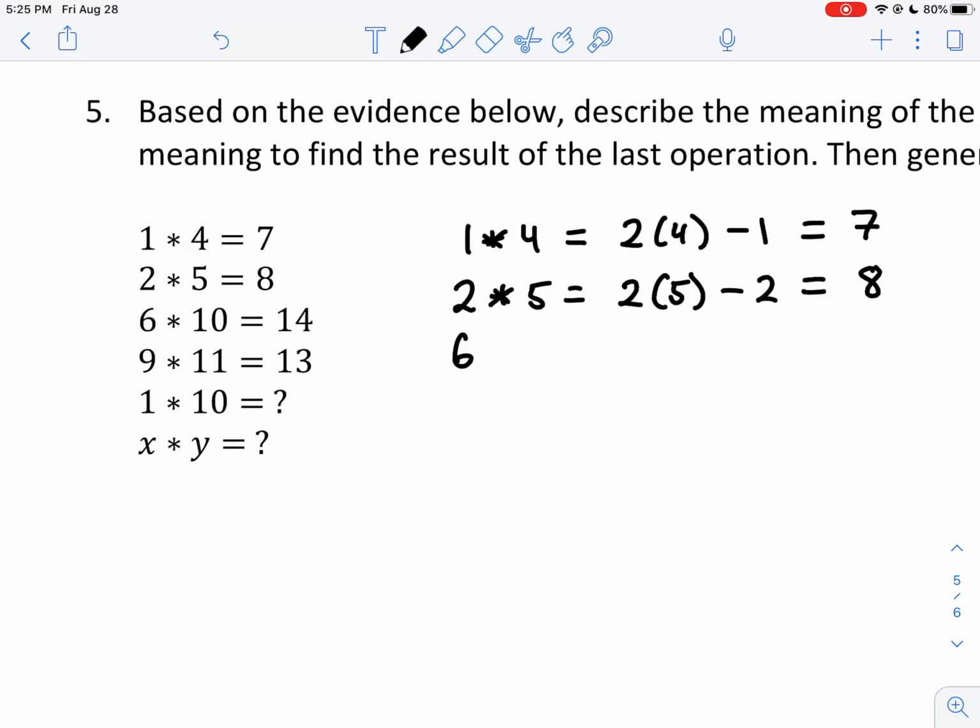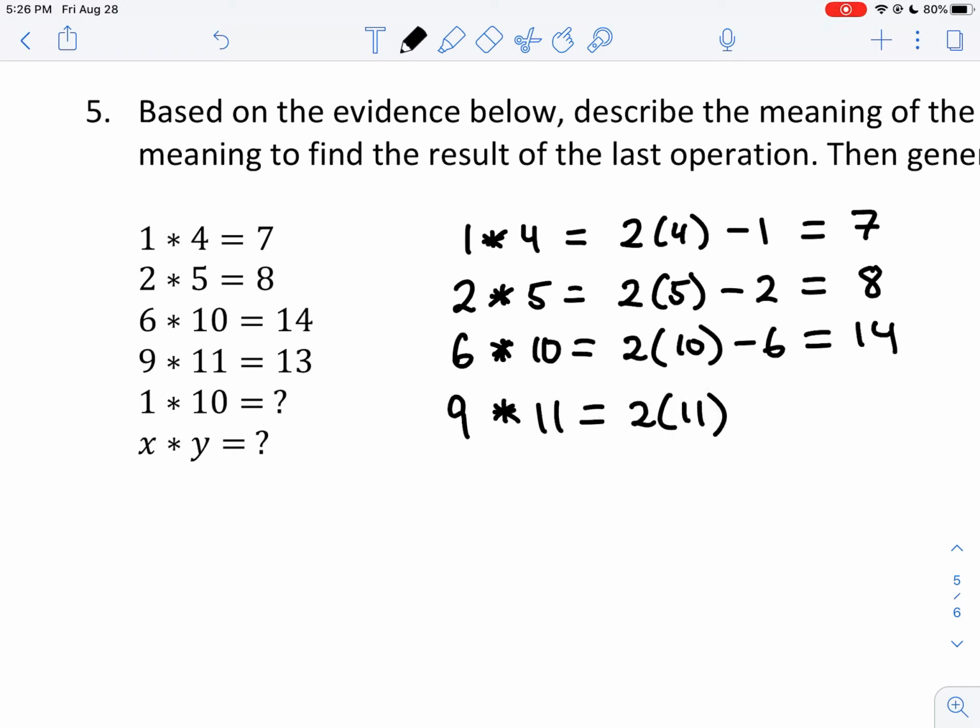Let's do 6 asterisk 10. Double the second number, which is 20, and remove the first. Ooh, okay, so this is working. And 9 asterisk 11 would be double the second number and remove the first. Well, 2 times 11 is 22. 22 minus 9 is 13.